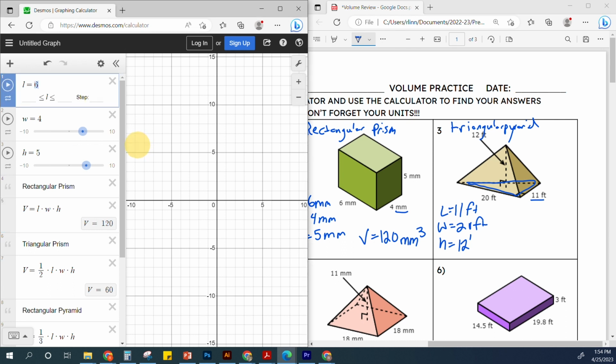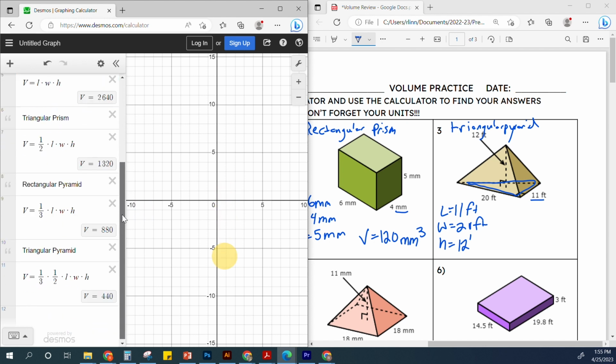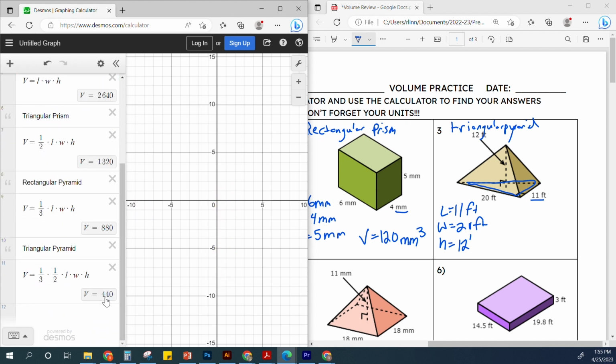Length is 11. Width is 20, and my height is 12 feet. Then by scrolling down here to the bottom, I can see that the volume of this triangular pyramid is 440. So volume equals 440 feet cubed, because our units are feet.